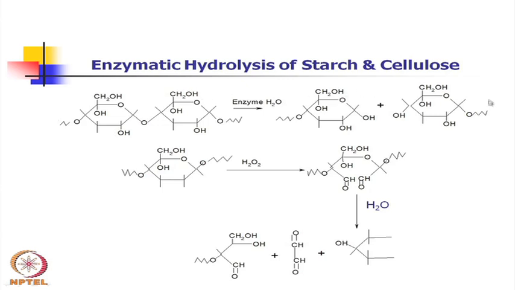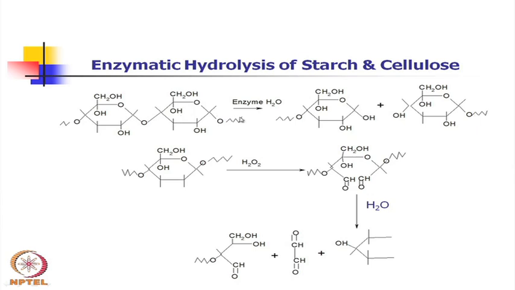This shows a reaction scheme for enzymatic hydrolysis of starch and cellulose. This is the anhydroglucose unit of starch or cellulose. Now, enzyme in water breaks this linkage, forming fragments, which means the molecular weight of these polymers is almost reduced to half if there is one action of the enzyme at this bond.